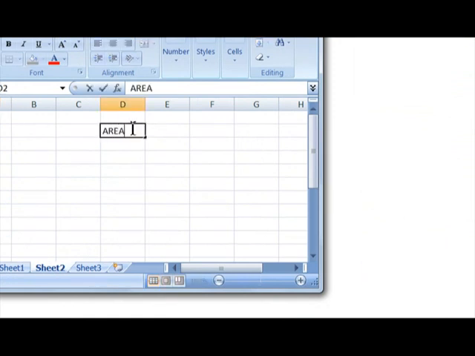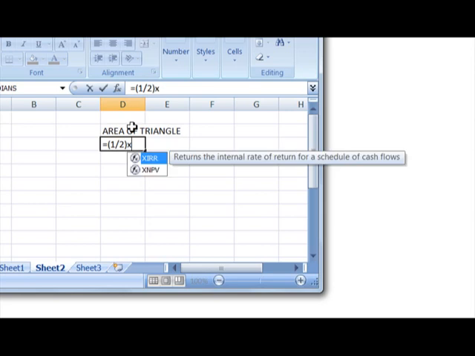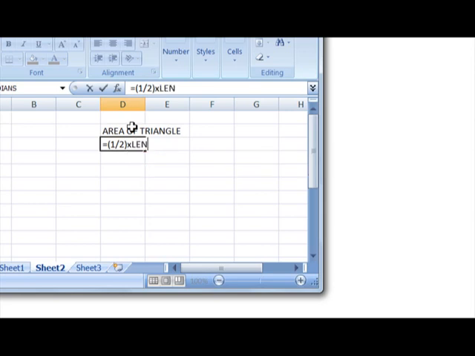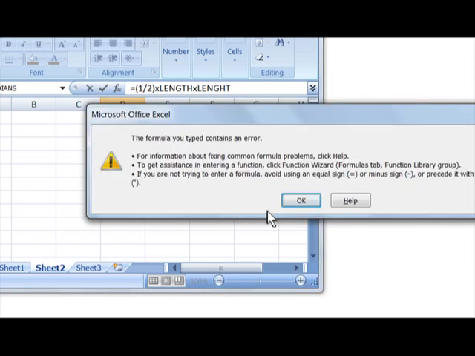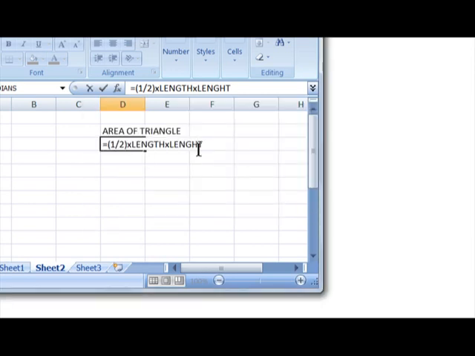Area of a triangle is equal to half multiplied by length multiplied by length.